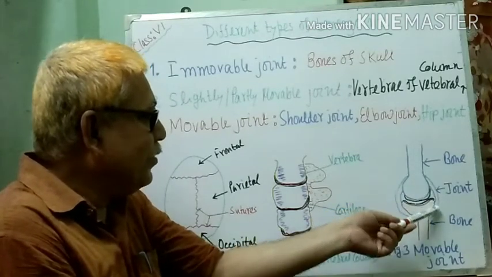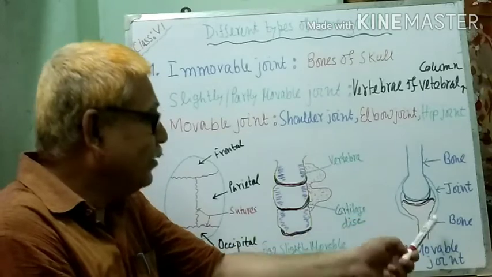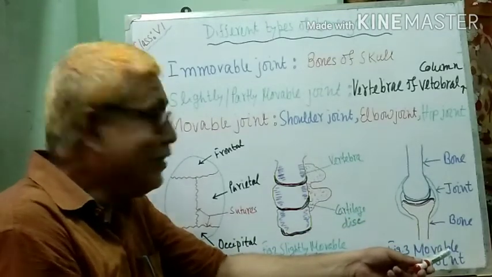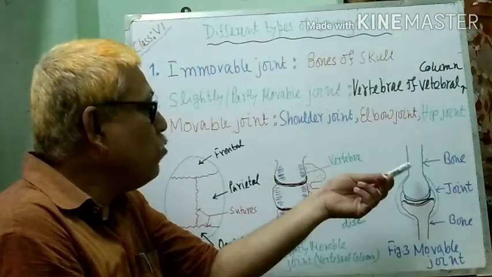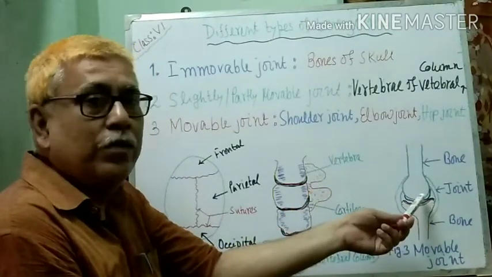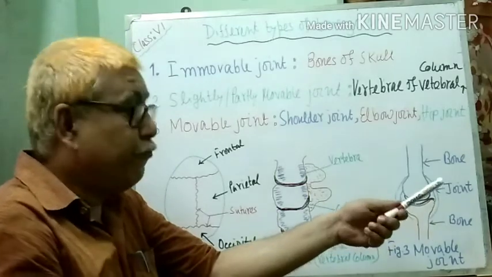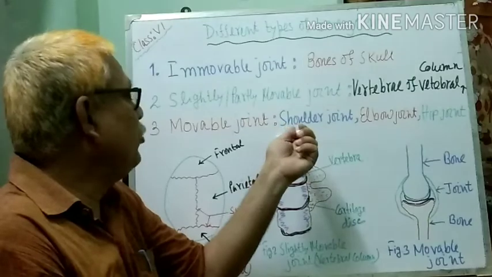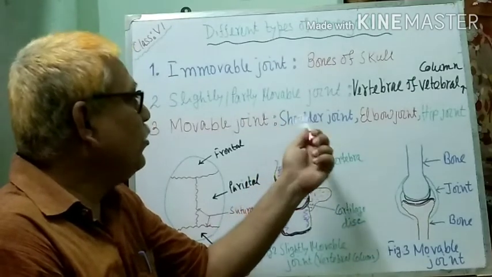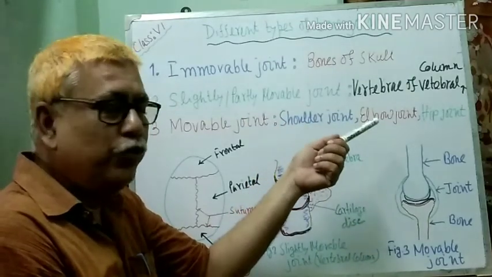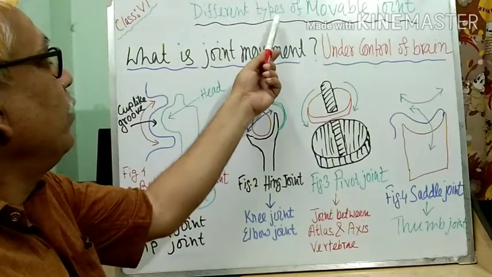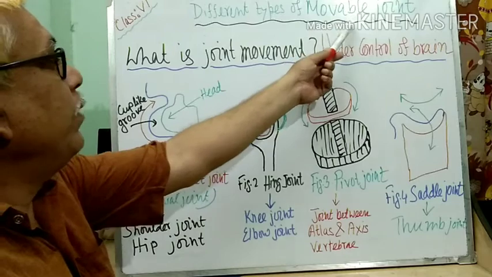We studied earlier, this is a ligament. The peculiarity of this joint is that the bones of this joint are freely movable. So this is called a movable joint, for example, shoulder joint, elbow joint, hip joint, knee joint, etc. Different types of movable joint.